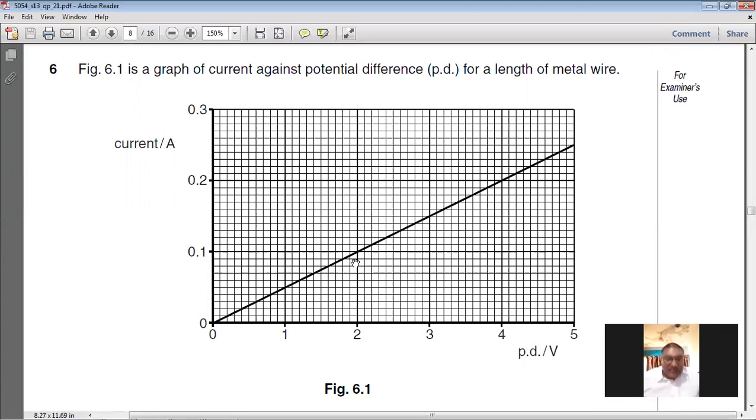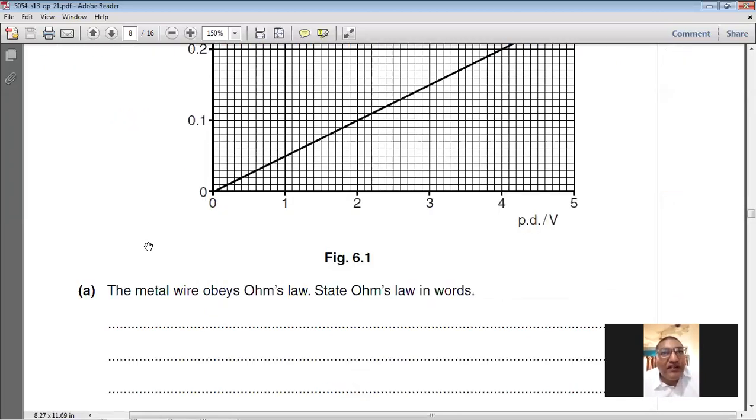So the slope of this graph is the reciprocal of the resistance. Slope of this graph is equal to 1 by R. So whatever happens with the slope, the opposite will happen with the resistance. Remember this. This is a very important point here.